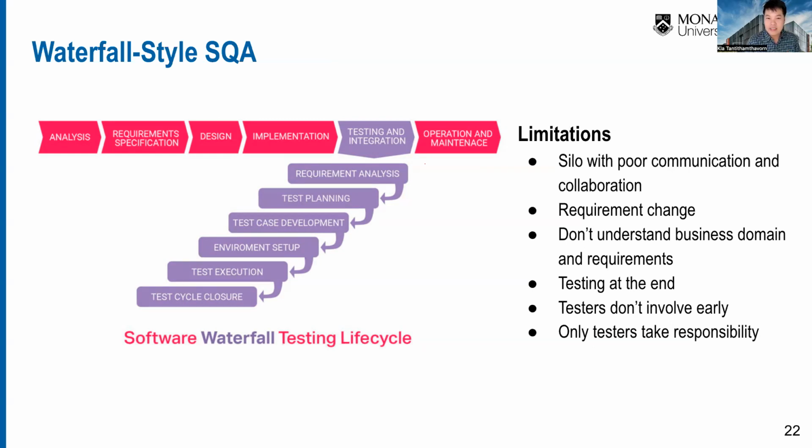So testing here is just one separate phase. We do the requirement analysis, do the test plan, develop the test cases, execute the test cases, and repeat. Some of the limitations are that if the requirement is changed, then we cannot change anything.